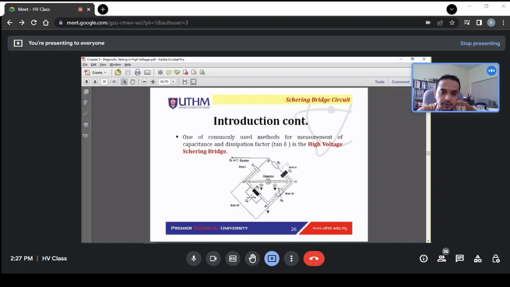We have arm 1, arm 2 here, if you can see, and then arm 3 and arm 4, and in the middle we have the device known as the detector.